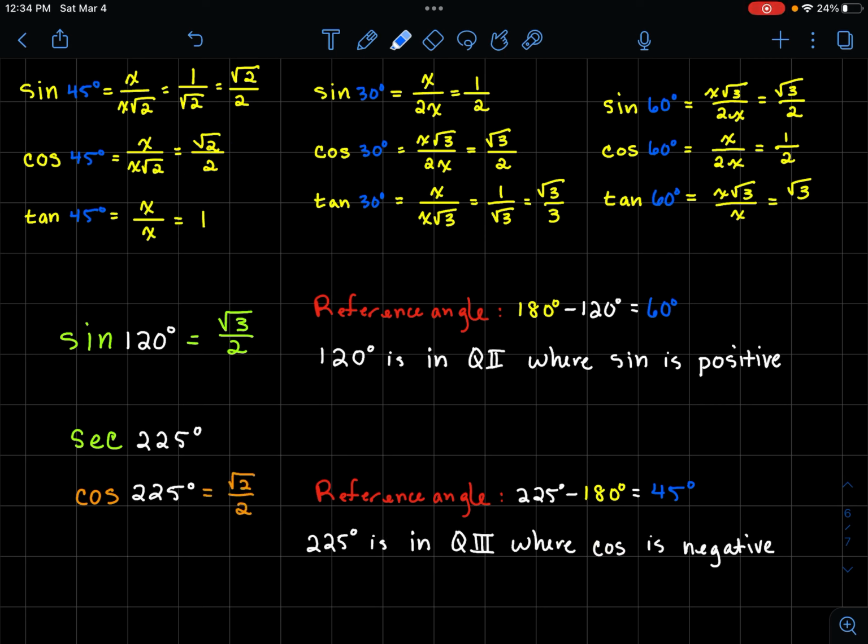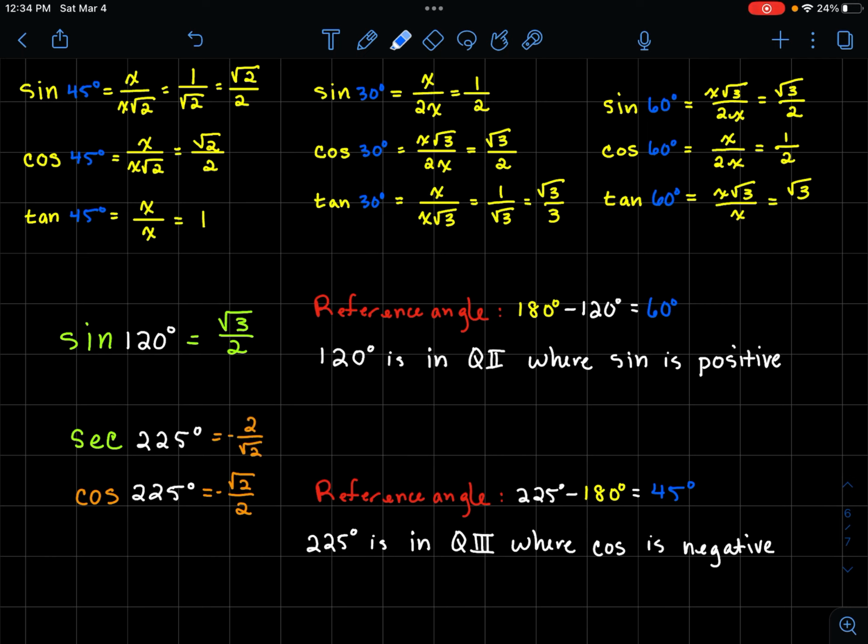Next, we know that the 225 degree measure is in quadrant 3. That leaves us to know that cosine is always negative. Again, thinking back to all students take calc, the only thing positive in the third quadrant is tangent. So now we've got to tack on a negative sign to our root 2 over 2. Finally, going all the way back to secant. Secant is the reciprocal of cosine.